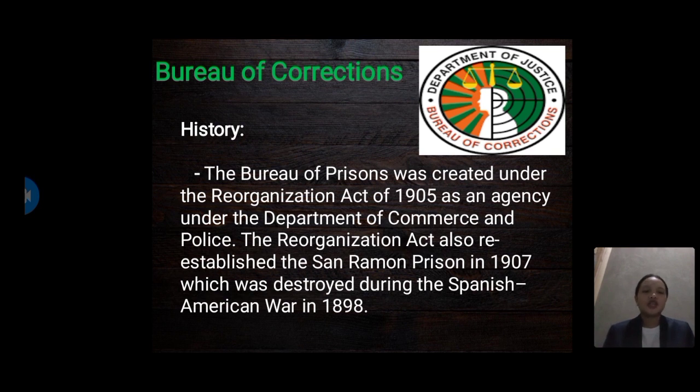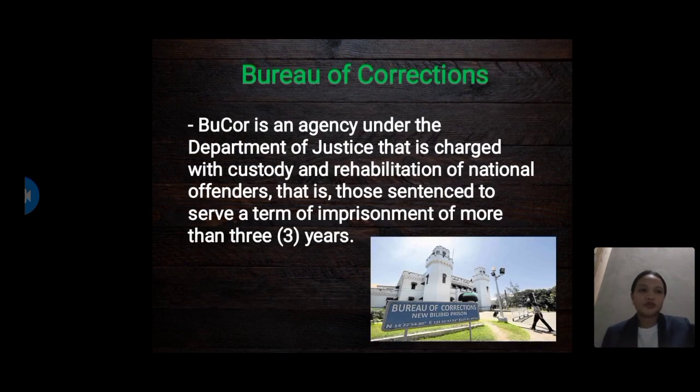The Reorganization Act also re-established the San Ramon Prison in 1907, which was destroyed during the Spanish-American War in 1898. The Bureau of Prison was renamed Bureau of Correction, and the known prison for now is the Bureau of Corrections.